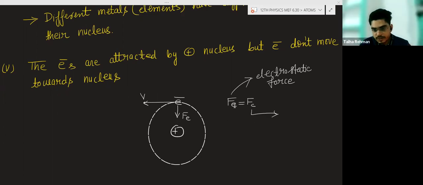Okay. So basically, because the electron is negatively charged and the nucleus is positively charged, if there are two charges, one negative and one positive, there will be a force of attraction, an electrostatic force of attraction, and this electrostatic force of attraction is equal to the centripetal force.